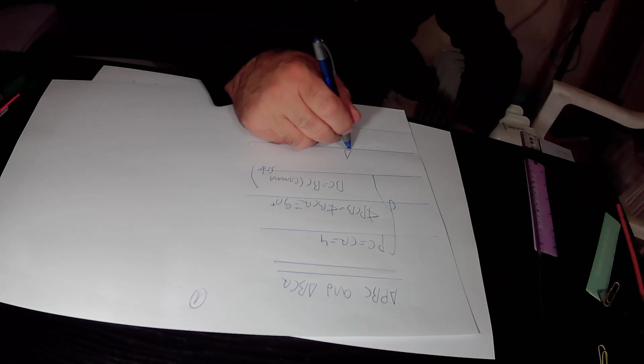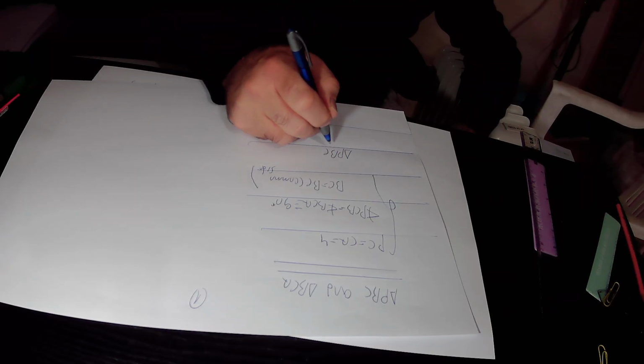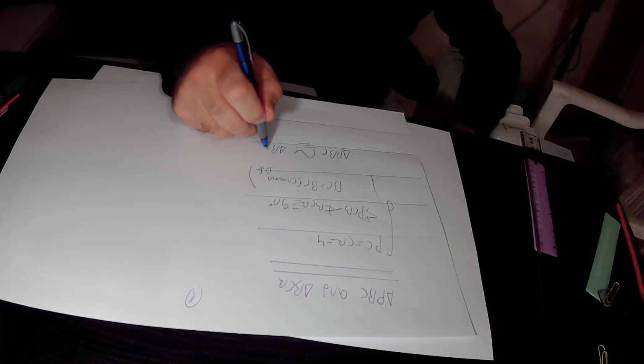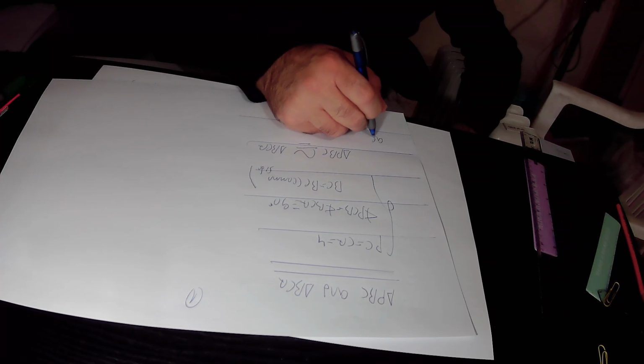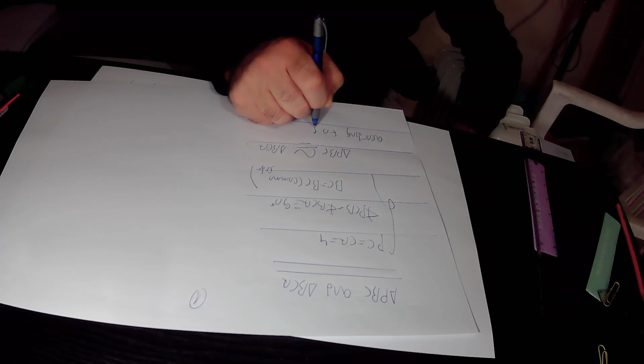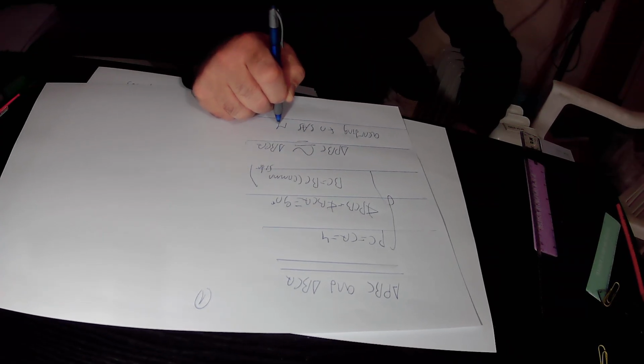The right triangle PBC is congruent, this is the sign of congruent, to the right triangle BCQ according to the side-angle-side rule.